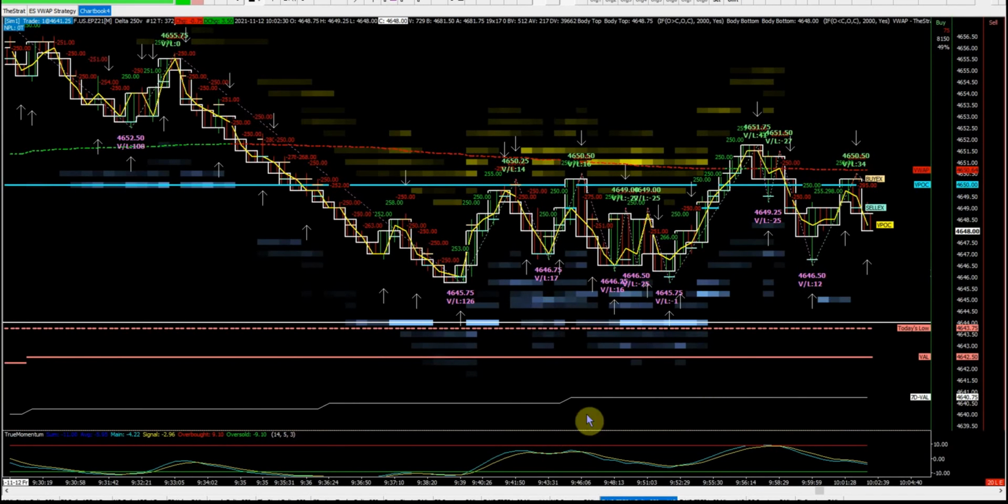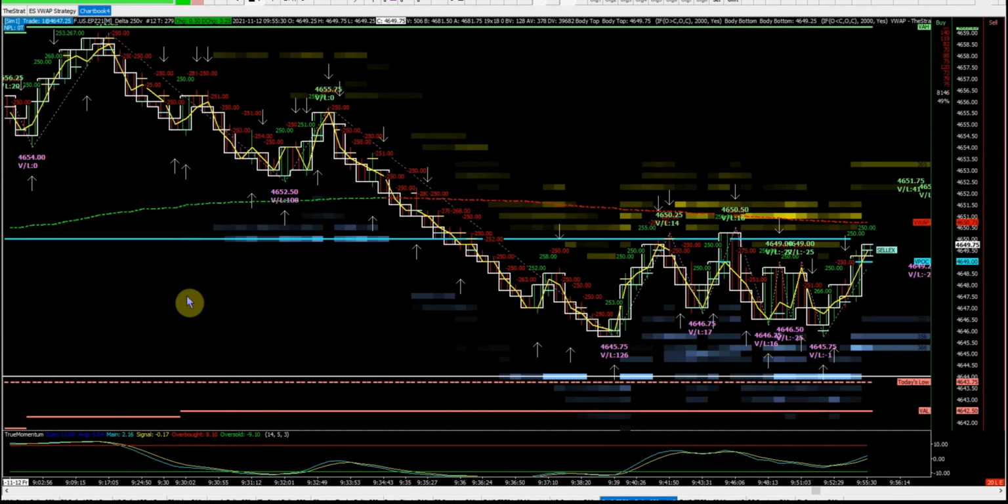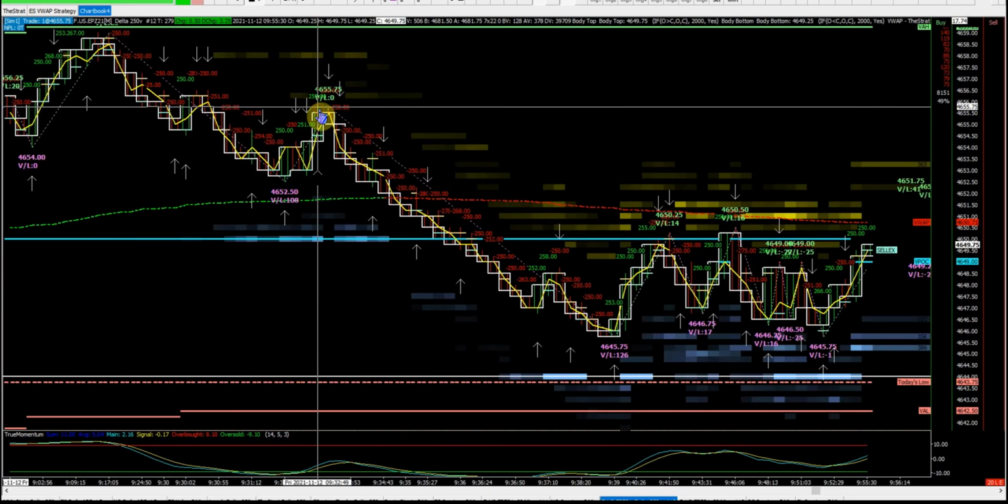We're right after the open, and if you'll notice, I think I called a short on the open yesterday, Friday morning. I have to look back at my tweets, but I believe I did. I was looking at this action here, where obviously we had buying exhaustion up here, and then they were just starting to sell it off a couple of minutes after.